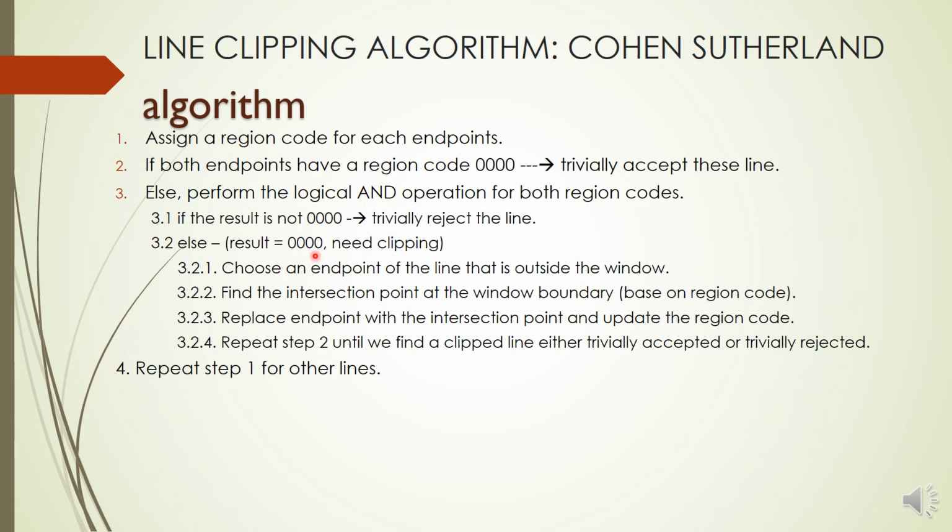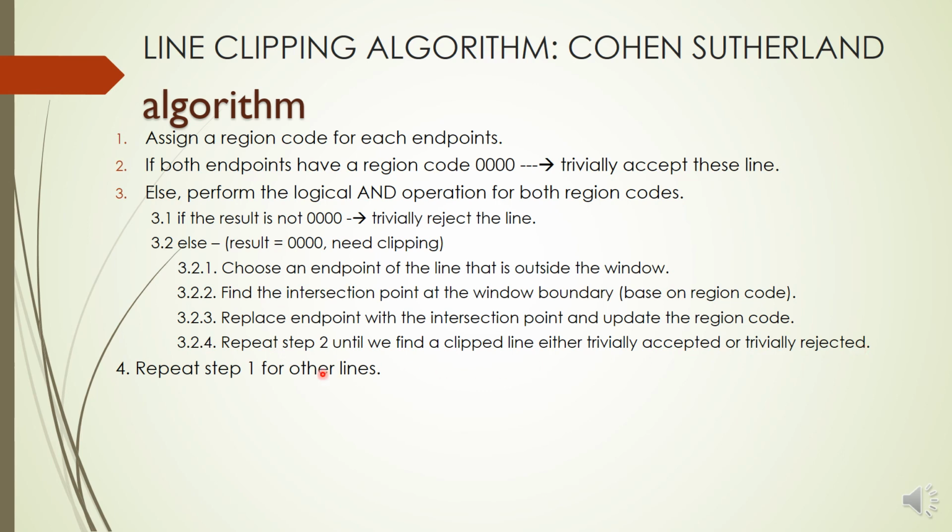So if the result is 0000 after the logical AND operation, we need to perform clipping. Step number 1: choose an endpoint of the line that is outside the window, and find the intersection point with the window, like we did in the previous example. Then replace the endpoint with the intersection point and update the region code, and repeat step number 2 until we find a clipped line that is directly accepted or directly rejected.